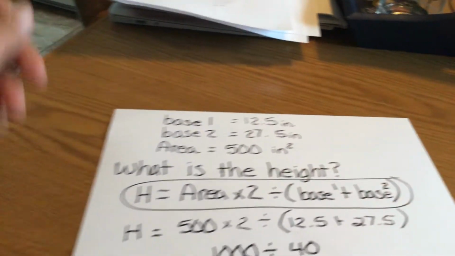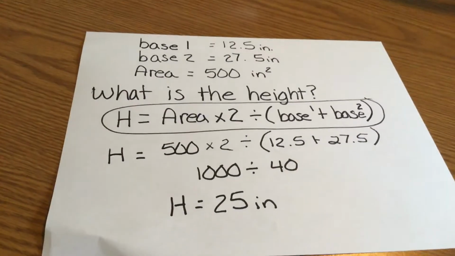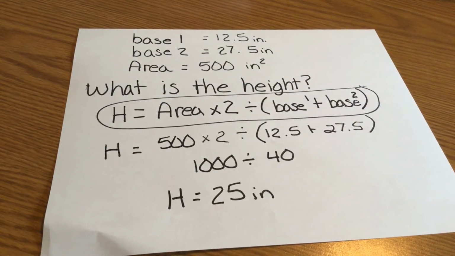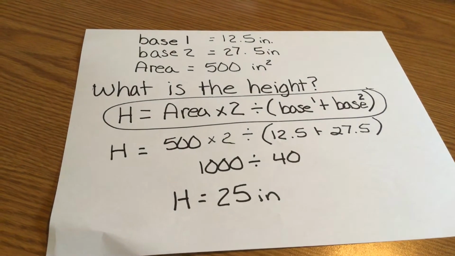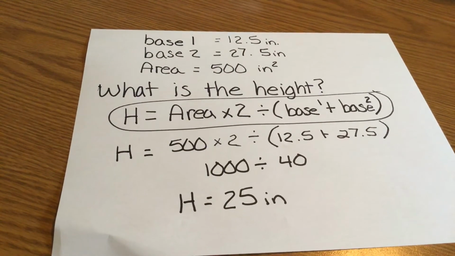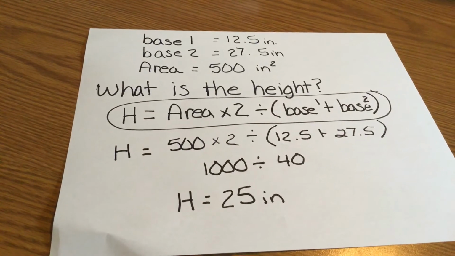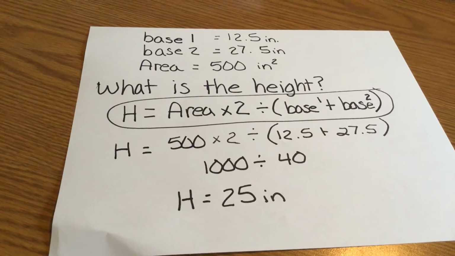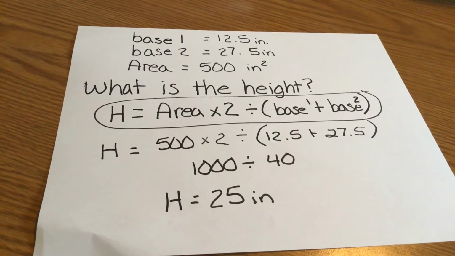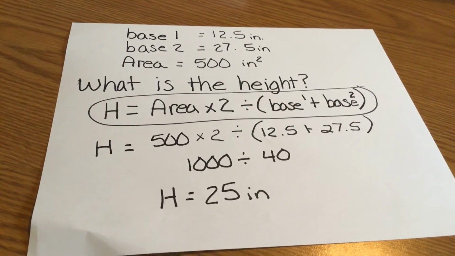And another example, finding the height. If you know that base 1 is 12.5, and base 2 is 27.5, and your area is 500 inches squared, what's the height? So there's our formula: area times 2 divided by base 1 plus base 2.